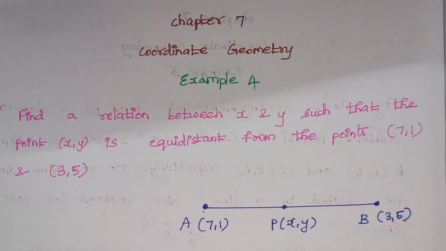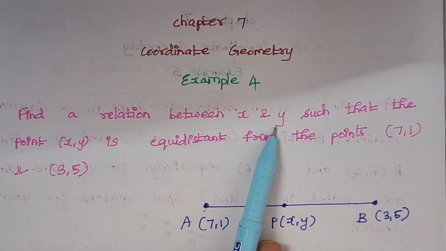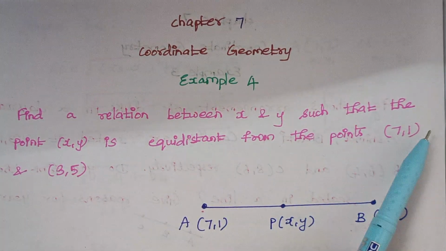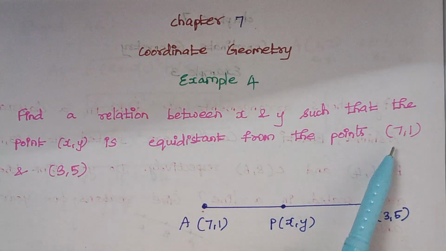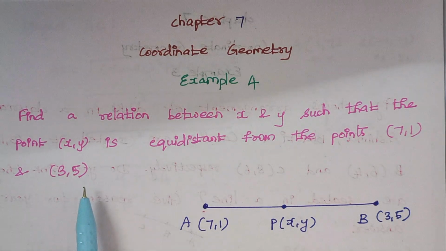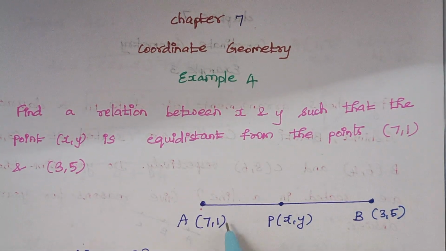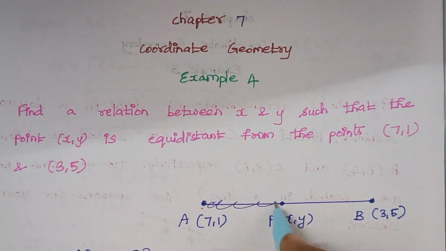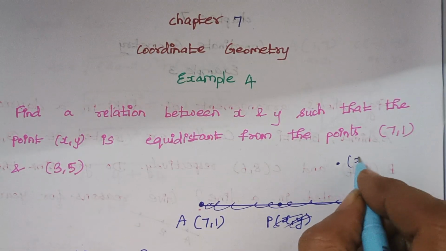So now example 4. The problem is: find a relation between x and y such that the point (x, y) is equidistant from the points (7, 1) and (3, 5), right? So here there is no need that the point should be like this, right? So this is my point (x, y).